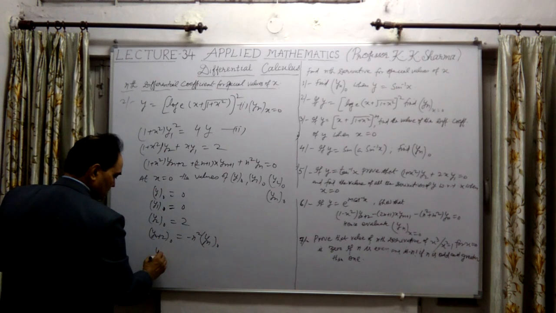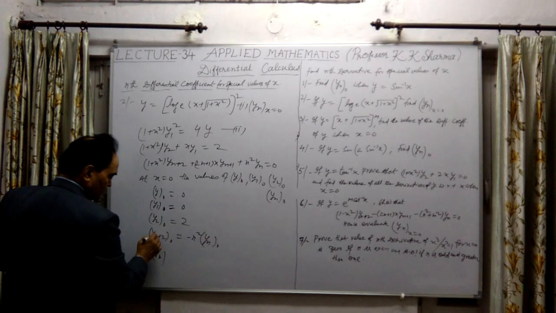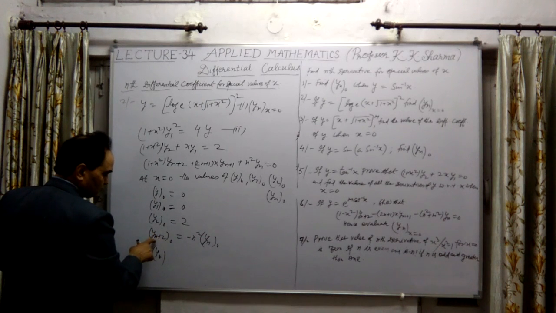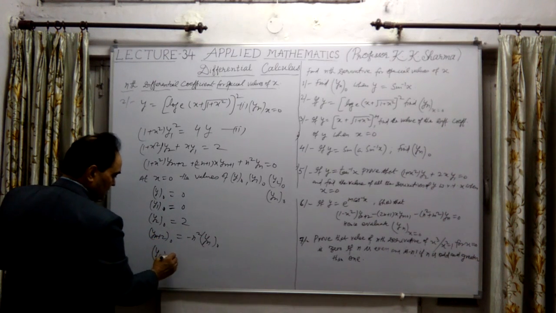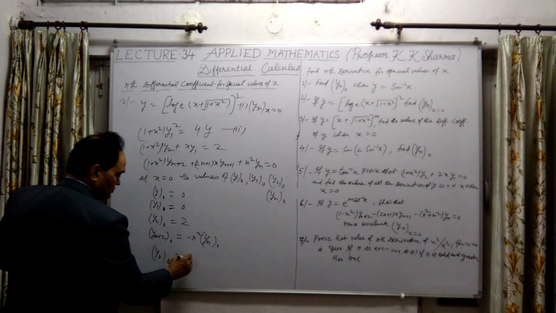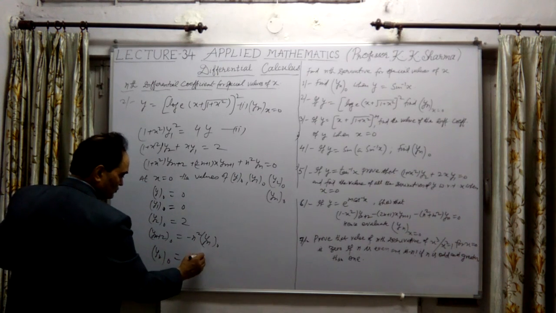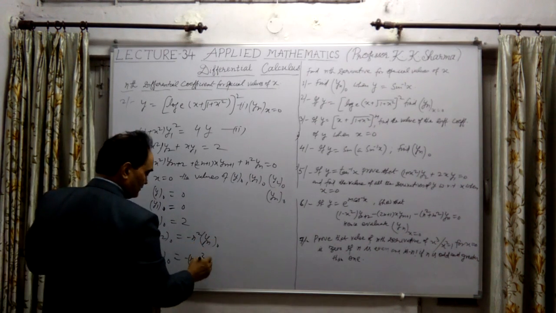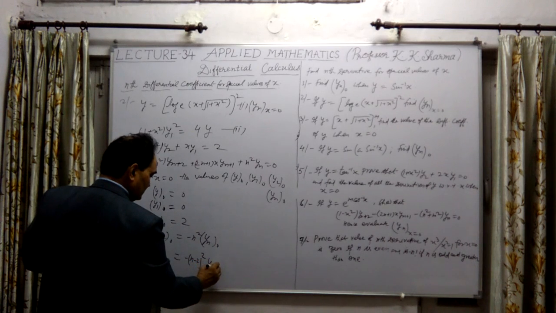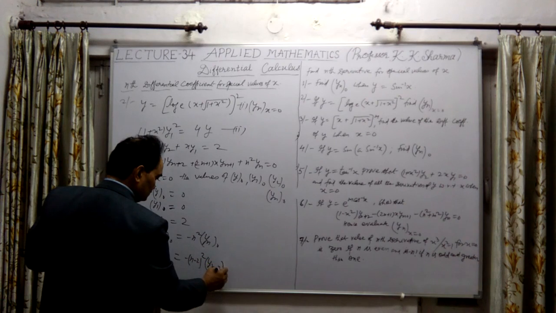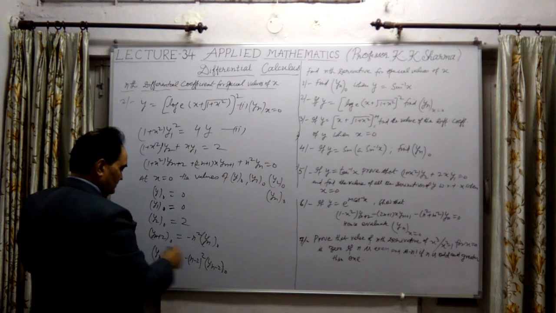We get y(n) at x equal to 0 equal to minus (n minus 2) whole square y(n minus 2), at x equal to 0. So this term we have obtained.